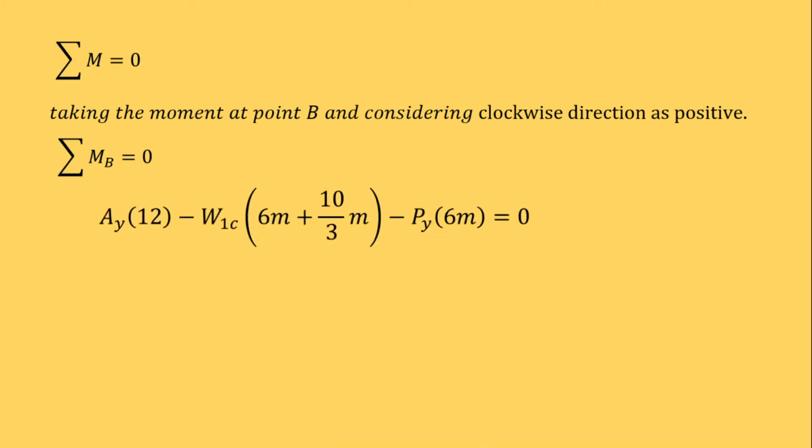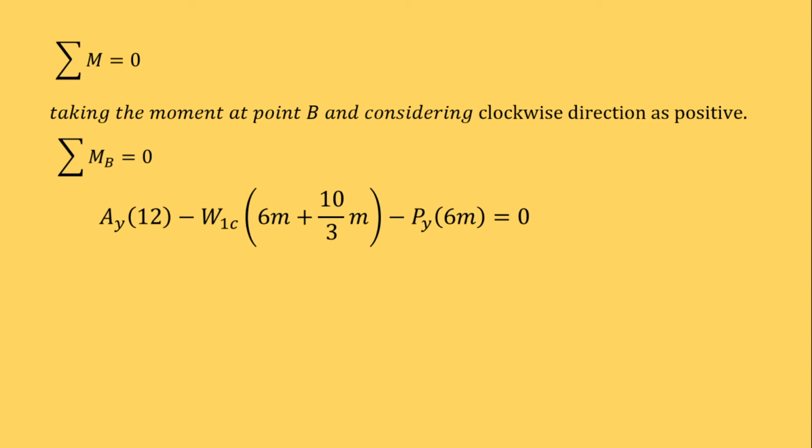Then we get vertical component at A or AY times the 12, which is the distance or the perpendicular distance from support B. Then we have the converted load na W1 will be 6 meters plus 10 over 3 meters na remaining na distance niya from support B. Then we have also the PY vertically acting counterclockwise.